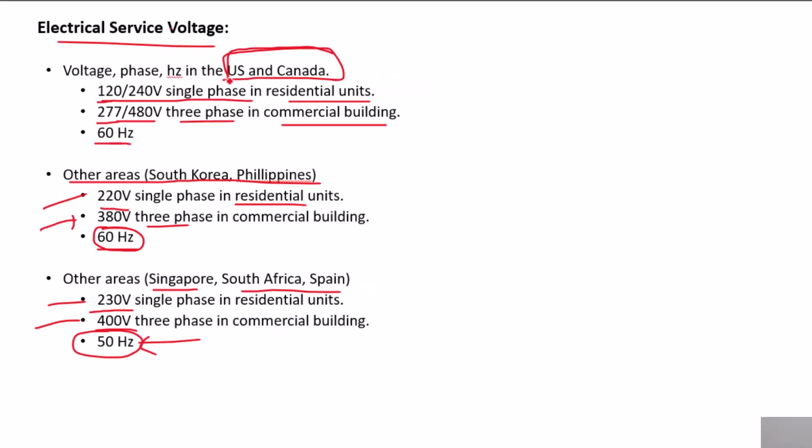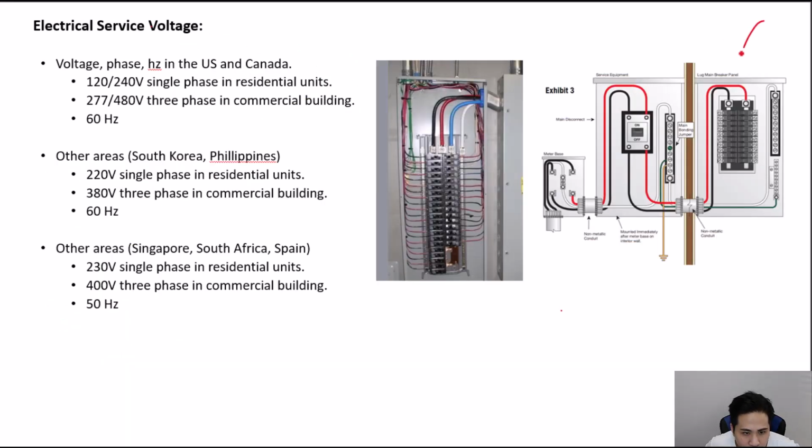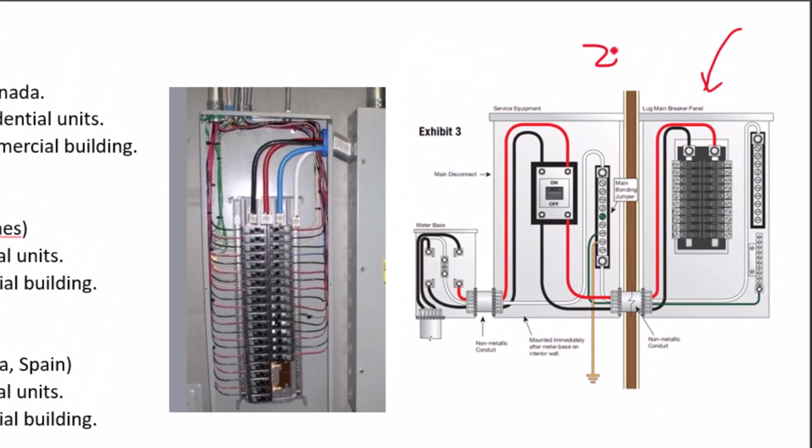In this video, I'm going to focus on the electrical characteristics of the US and Canada. So if you look here, this represents a 208 volt single phase, which is represented with this symbol, in this picture here.